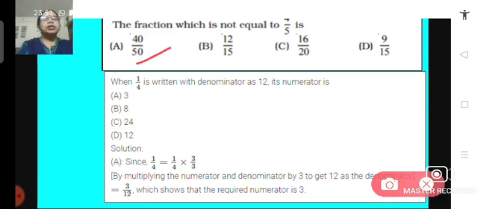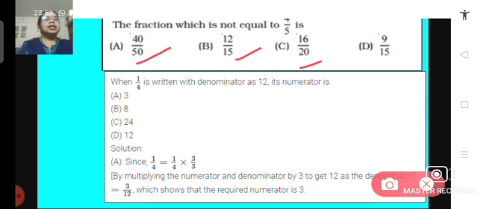And second option is also equal to 4 upon 5, as when we divide both the numerator and the denominator by 3, we get 4 upon 5. C is, again it is 4 upon 5, isn't it? When we divide both the numerator and the denominator by 4, we get 4 upon 5.